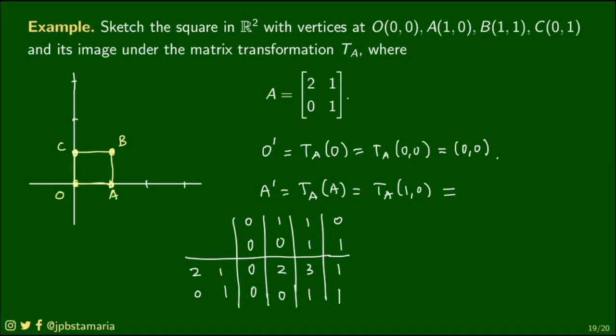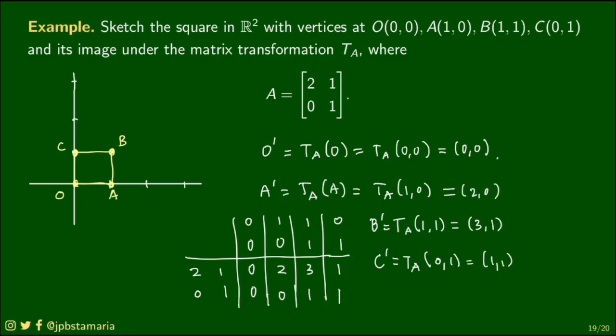Is that correct? Yeah, I hope so. Therefore, A prime, which is the image of A, is going to be 2, 0. Now the image of B, the image of 1, 1, in this case is 3, 1. Therefore, the image of C, the image of 0, 1, is going to be 1, 1.